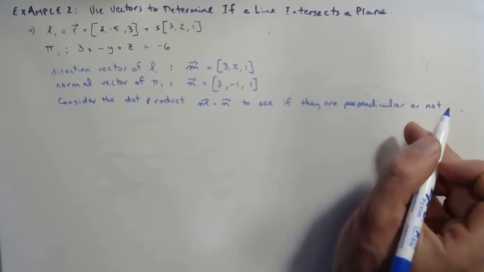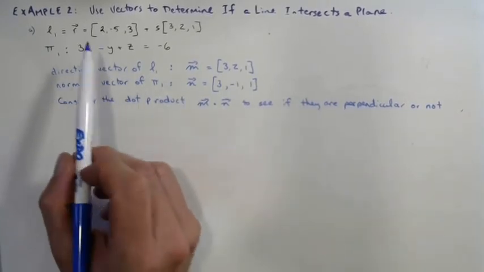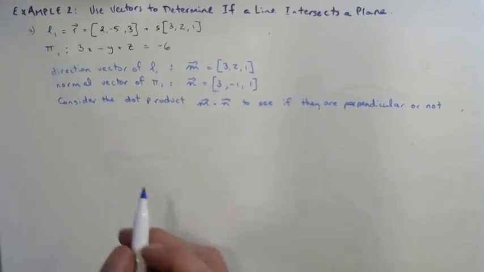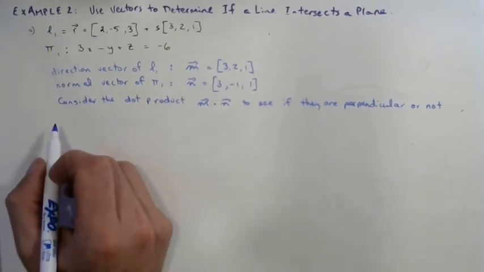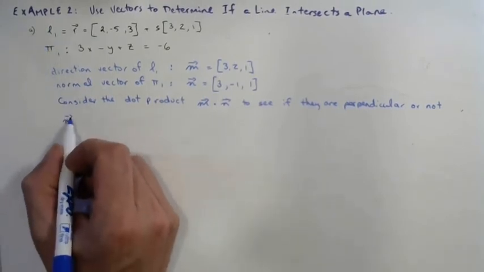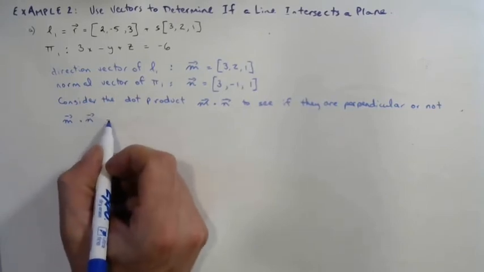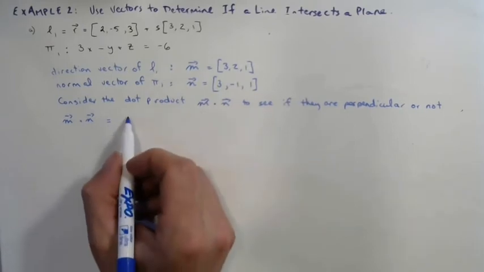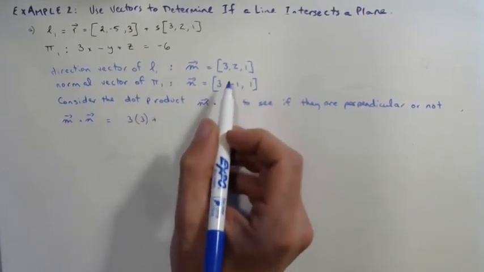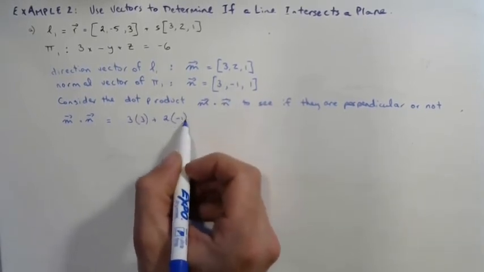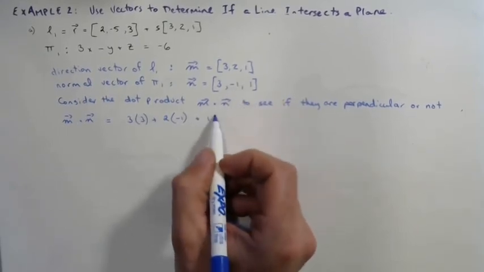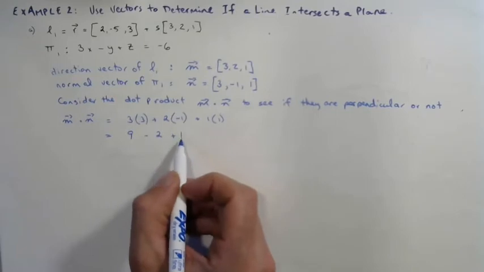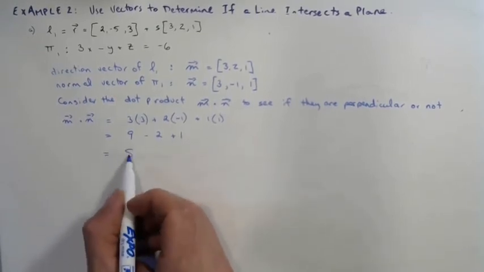If they are perpendicular, that means that the line and the plane are parallel. If they are not perpendicular, that means the line and the plane will intersect. So here we go. We've got m dot n. That's going to equal 3 times 3, plus 2 times -1, plus 1 times 1. 9 minus 2 plus 1 equals 8.